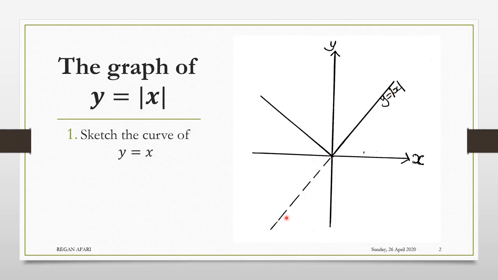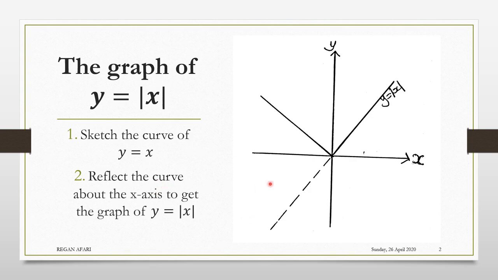Now, when you have the absolute value of x, it means that your curve cannot be a negative curve. When I say a negative curve, it means it cannot come at the negative part of the y-axis. So what do you do? You reflect this part of the curve about the x-axis, like this.